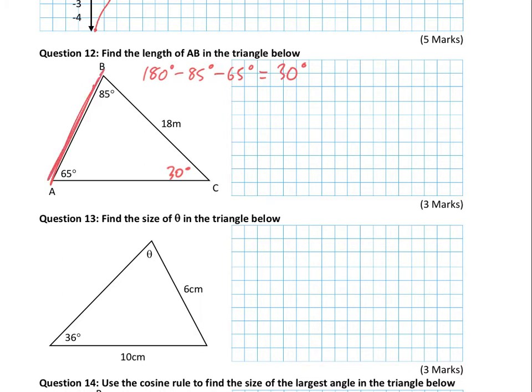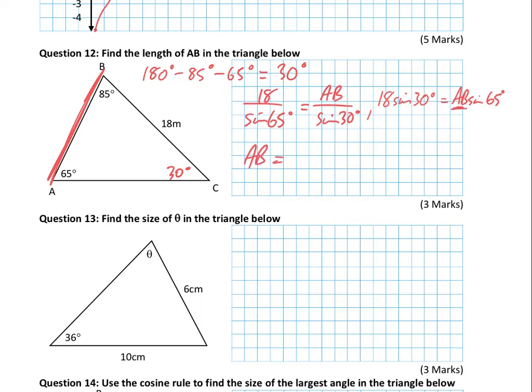And suddenly now, because I'm finding AB, I have opposites, so I can use the sine rule. So 18 over sine 65 degrees is equal to AB over sine 30 degrees. Cross multiply, so it's going to be 18 sine 30 degrees equals AB sine 65 degrees. I don't want to lose any accuracy, so I'm going to rearrange to get AB.